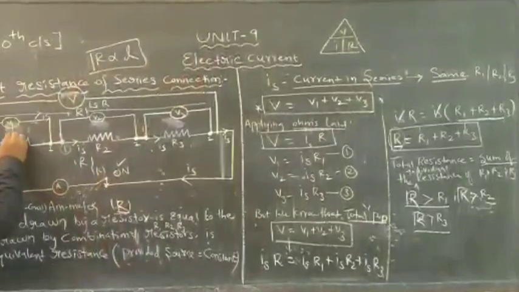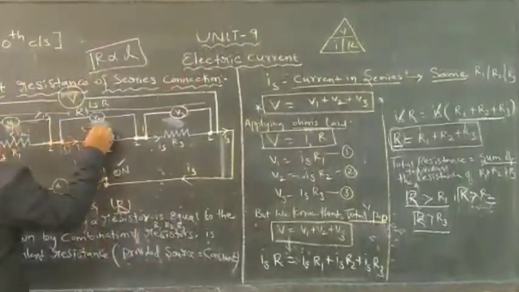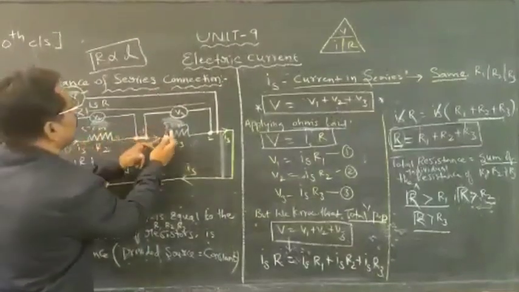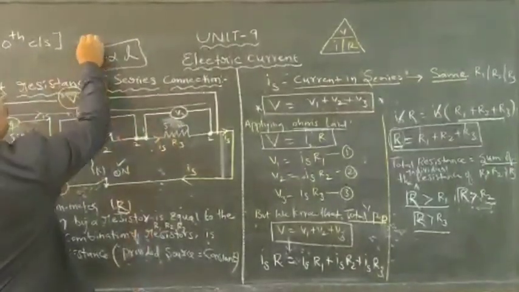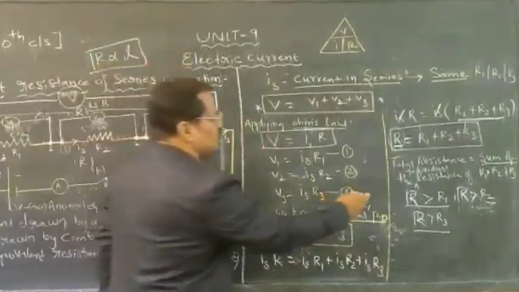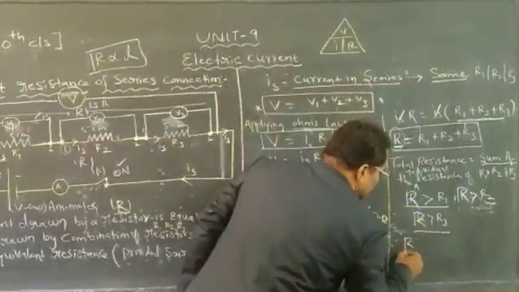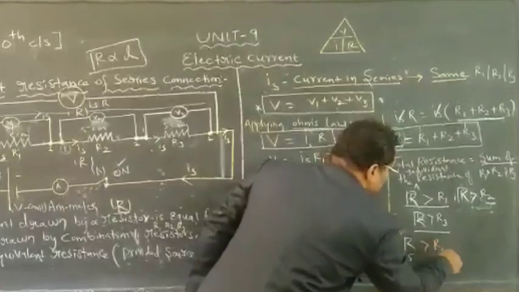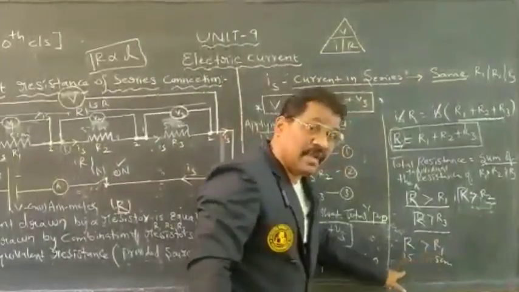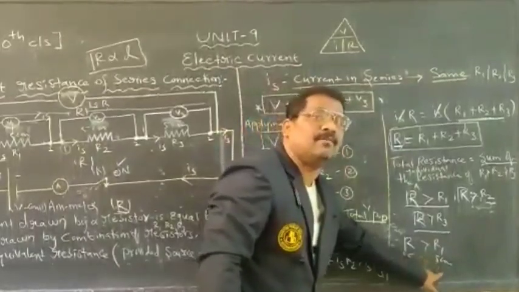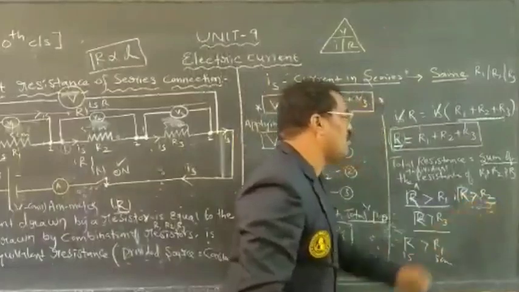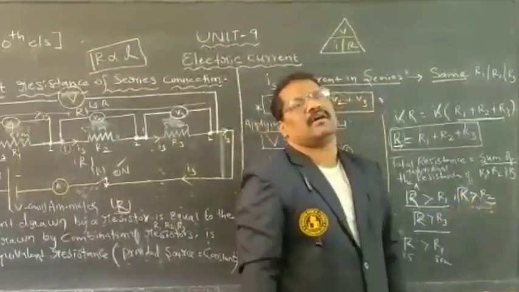For example, this is 5 centimeter, 5 centimeter, 5 centimeter: 5 plus 5 is 10, 10 plus 5 is 15. A 15 centimeter length means more resistance it offers. Here, capital R is 15, small r1 is 5 centimeter. Therefore, 15 will offer more resistance compared to the individual resistance wire, and simultaneously R2 also, and R3 also.